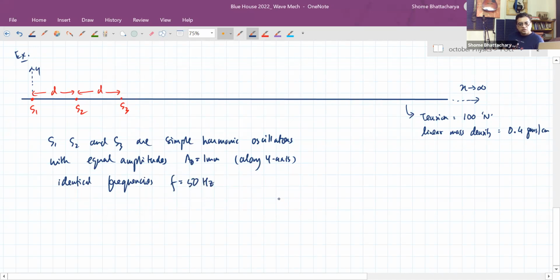And they are simultaneously started at t equal to 0 in synchronization.